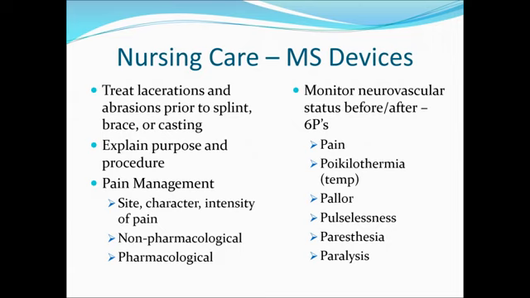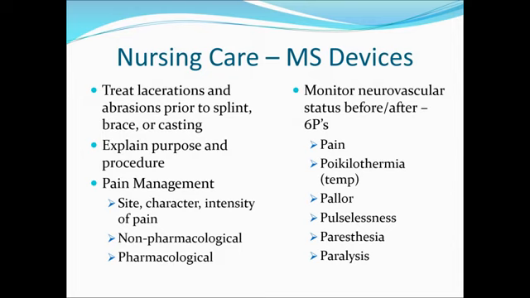Pain: if your patient is having pain that is unrelieved by their pain medication and it's getting worse, that's a big red flag. Poikilothermia, just a real fancy word for looking at the temperature of the limb. If it's getting cooler, if it's cold, especially in comparison to the non-affected extremity, that's a red flag.